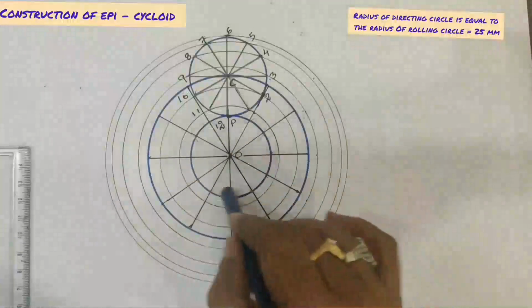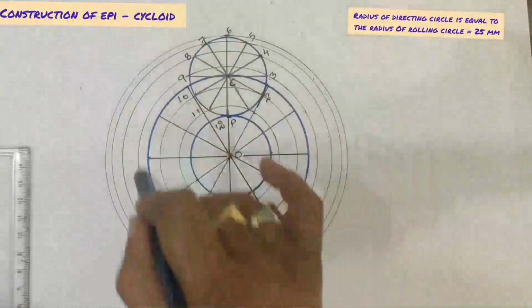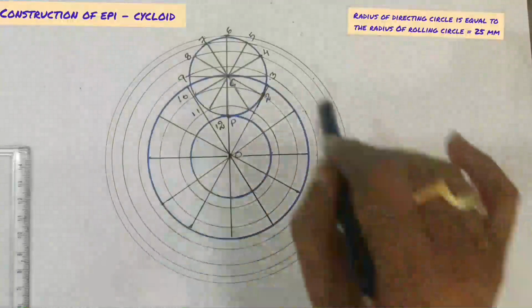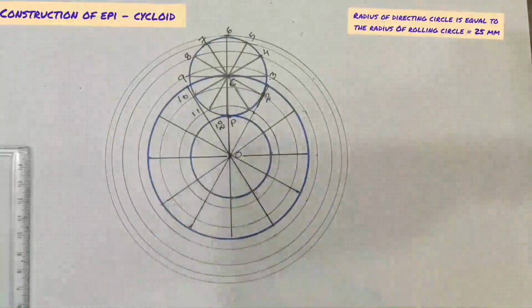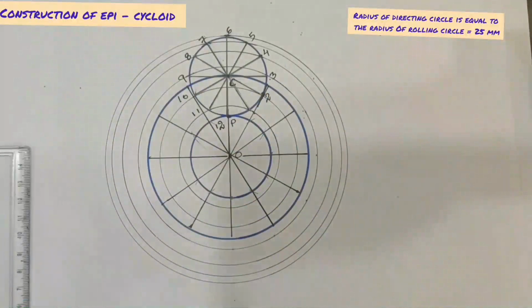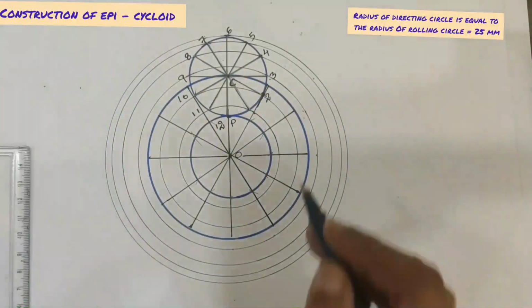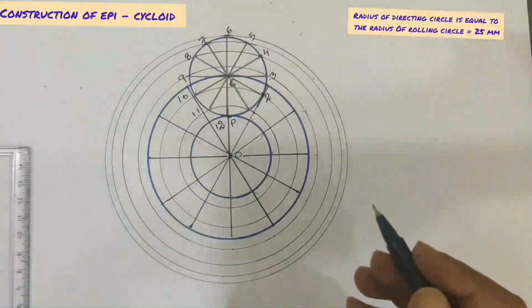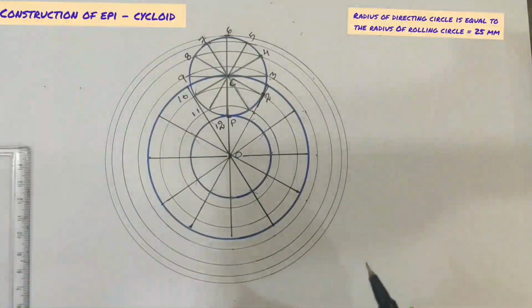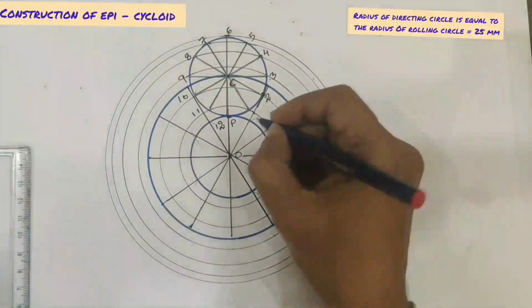After dividing, give numbering on the directing circle as 1, 2, 3, etc. and the locus of center for rolling circle as C1, C2, C3, etc.